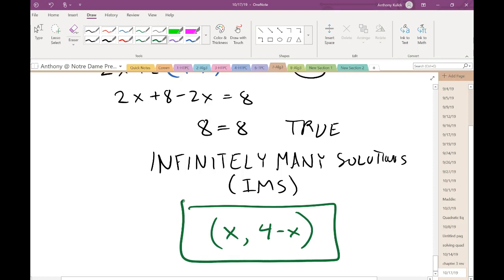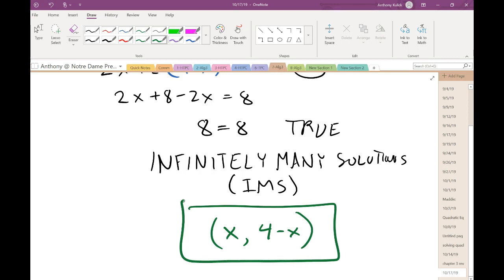So if x is 0, y would have to be 4. Right? If x is 1, y would have to be 3. If x is 10, y would have to be negative 6. Does everybody kind of see how I'm generating these solutions? And because I can do this for any number I pick for x, I have infinitely many solutions.